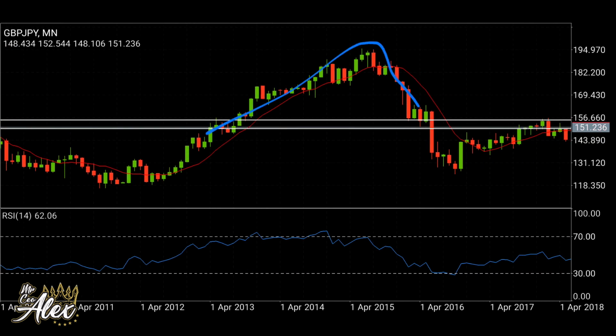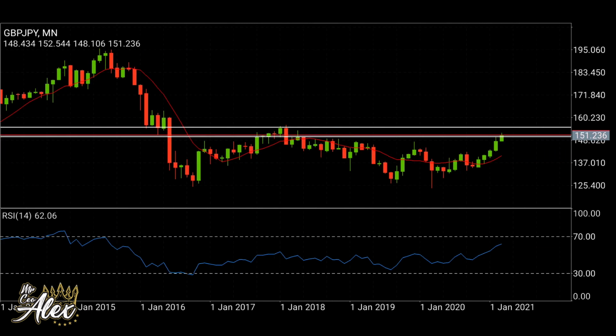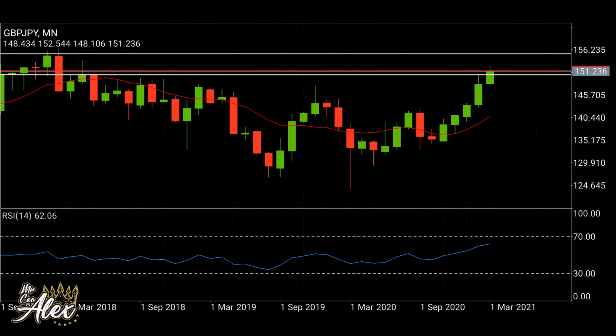Then we see a final break, then a consolidation right here, then a break and retest right there. So for me, this area looks like a very good spot to watch, and we're seeing that the momentum of the candlesticks is getting smaller and smaller as it approaches this area.